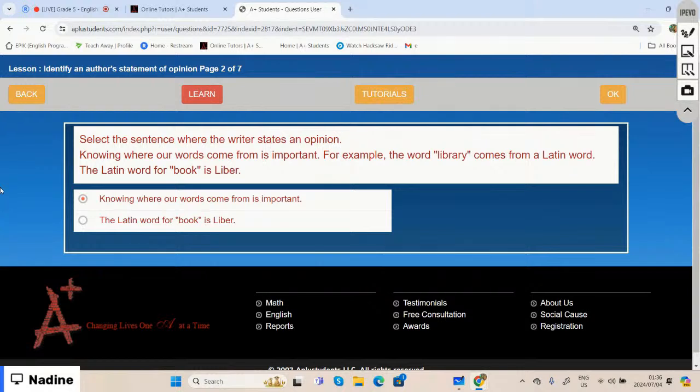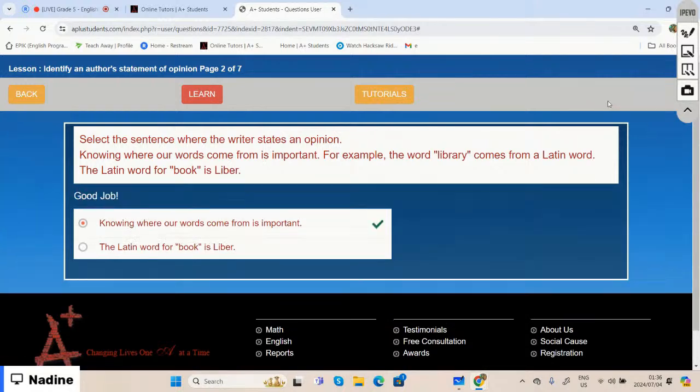Some people don't think that is important. But what is the truth and the fact is that the Latin word for book is liber. So option one is correct.